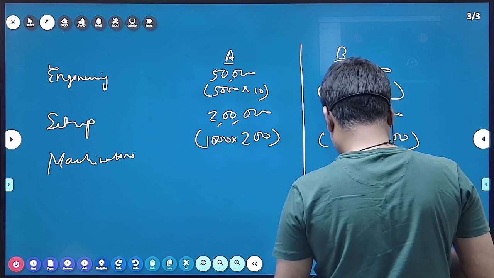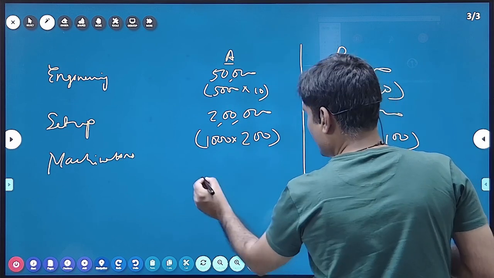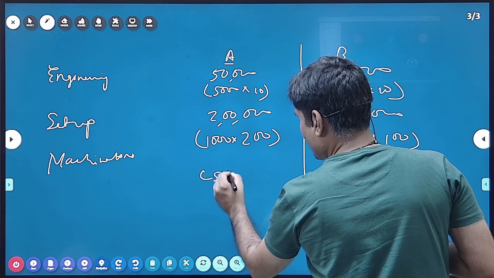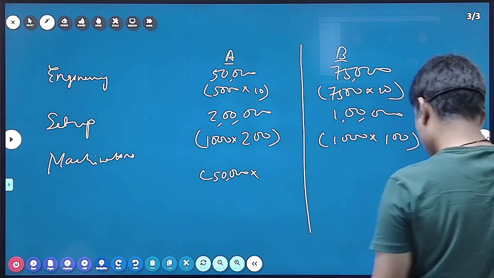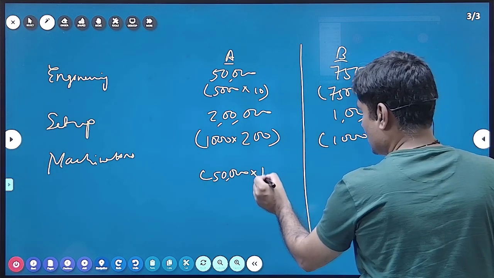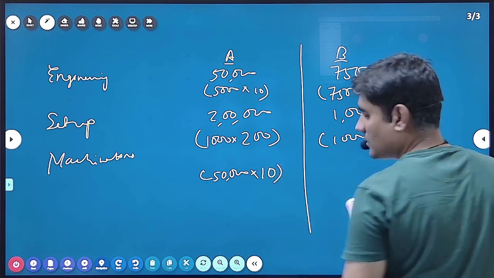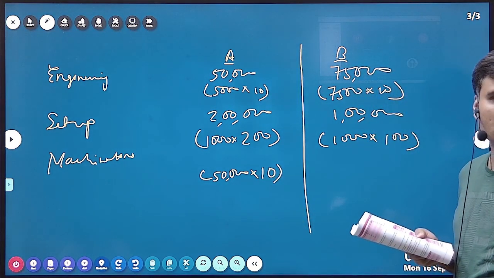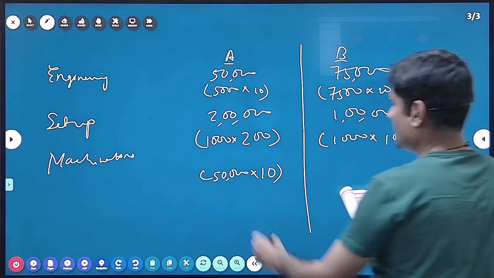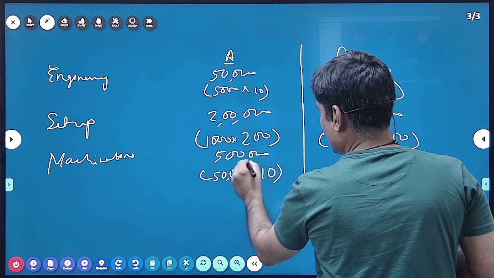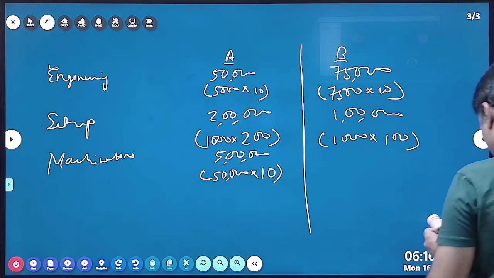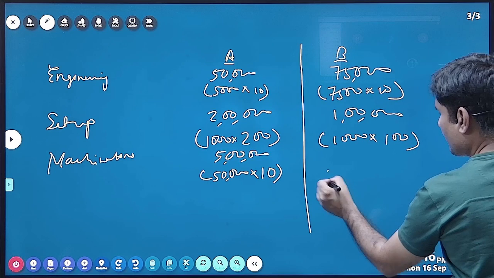Given 50,000. Per unit how much it was? 10. It was 10. 1 lakh.